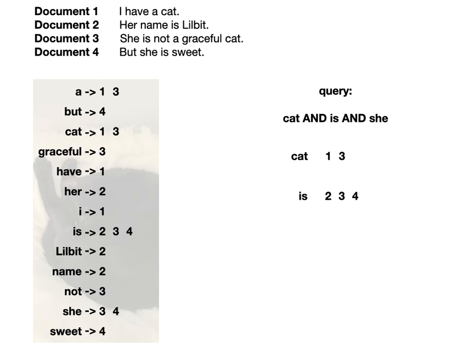And she, that's 3 and 4. But we'll do cat and is first. So we run through our algorithm. No, yes, done. Intermediate list is just 3. Okay, so now we'll do 3 with she. That's just one check. It is correct. Still just document 3.